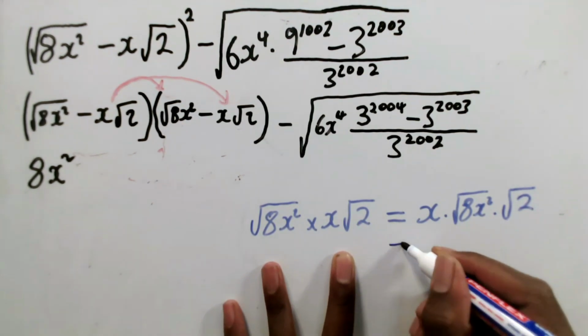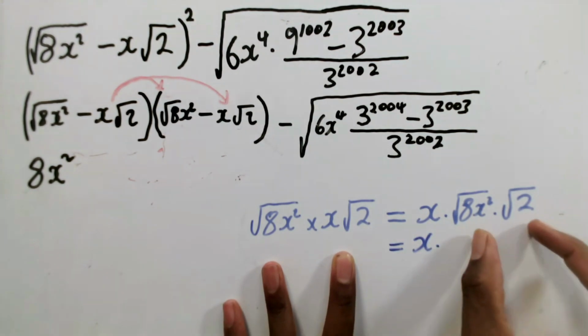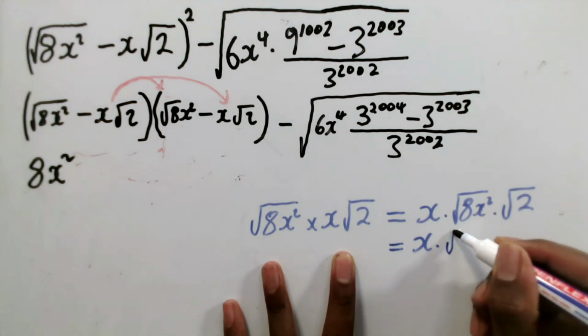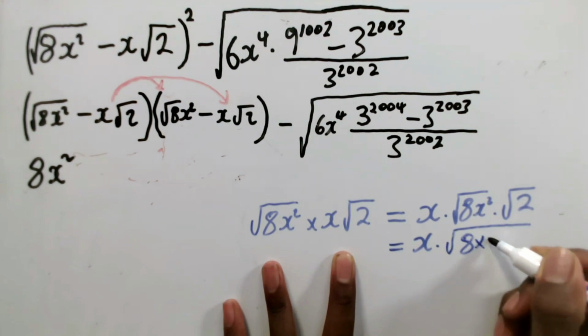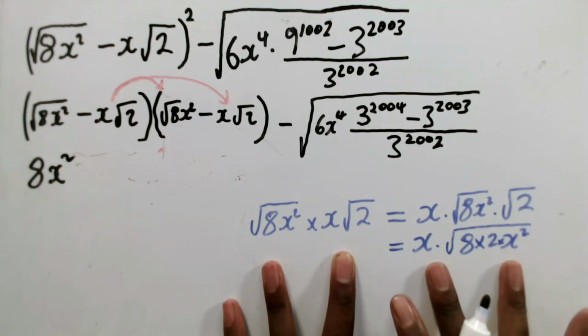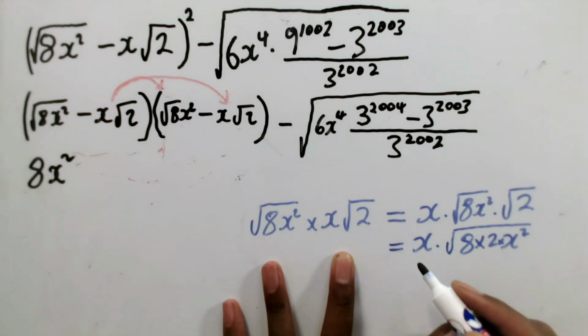Using the rules of square roots, we can put this under the same square root because they both involve a square root, such that it results in 8 times 2x squared, because the root means we can put it under the same umbrella.